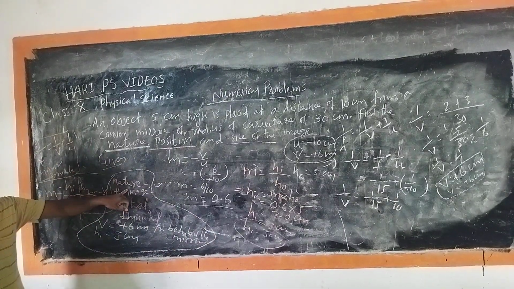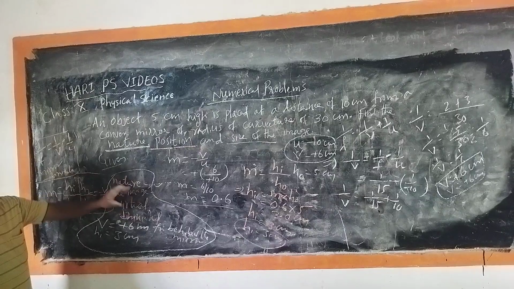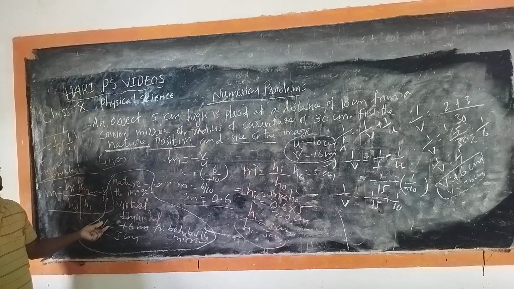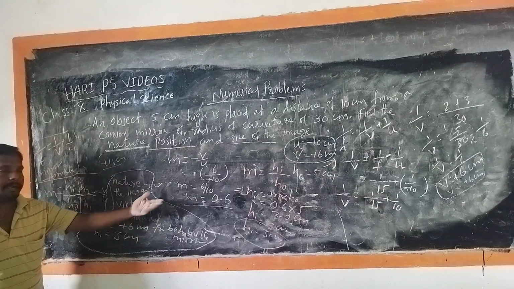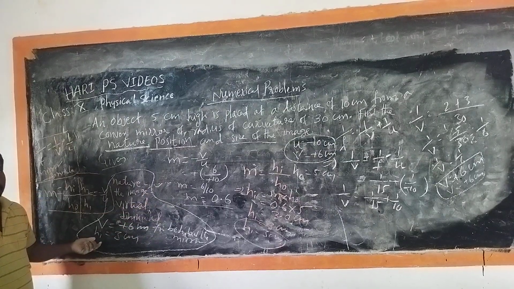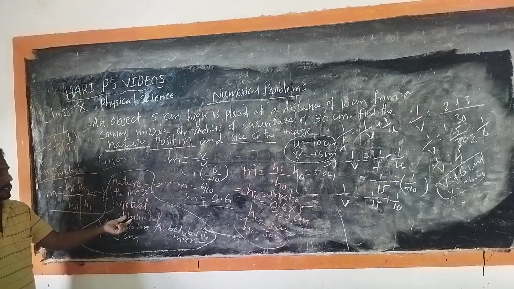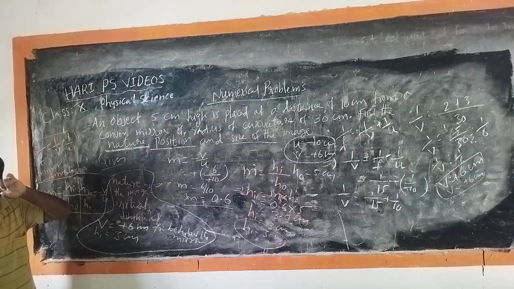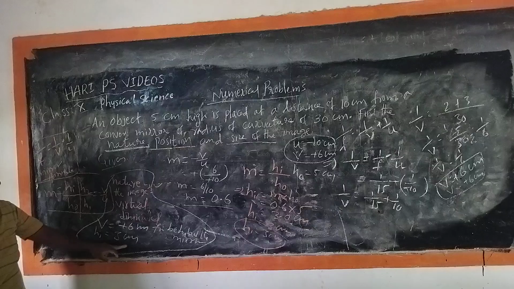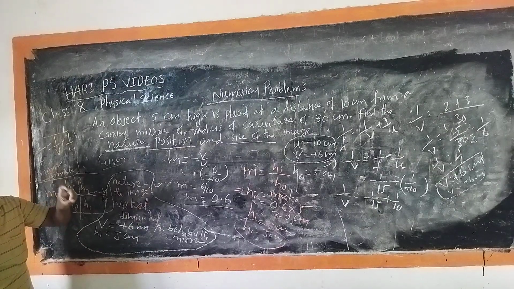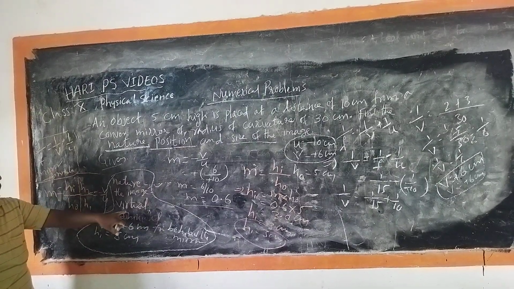The nature is virtual and diminished. What is the object size? 5 centimeters. What is the image size? 3 centimeters. The size decreases, so it is a diminished image.